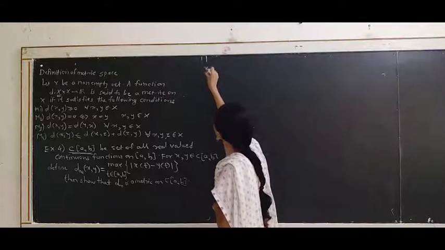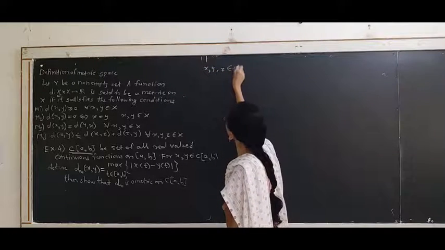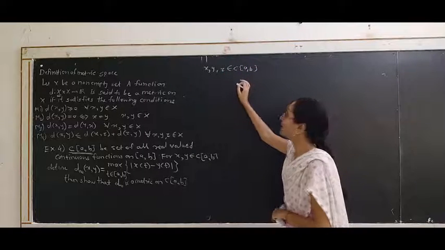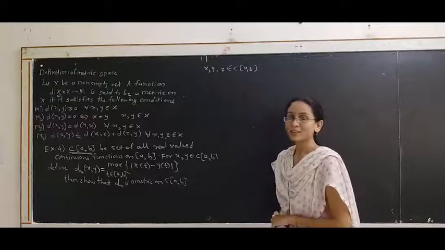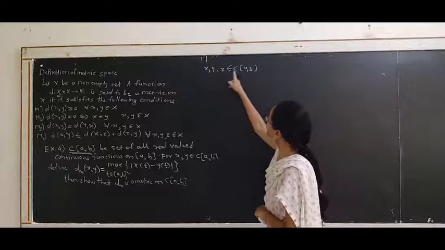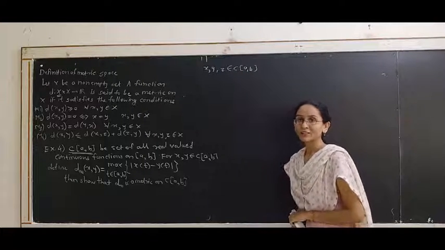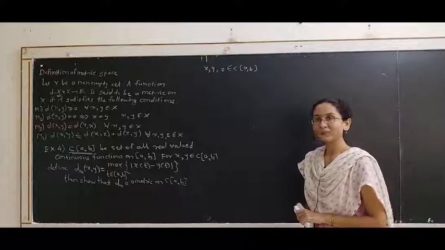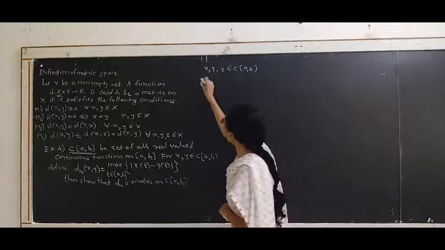Let us consider x, y, z belonging to C[A,B]. As soon as x, y, z belong to C[A,B], all are functions, and we have taken the variable for that function as t.